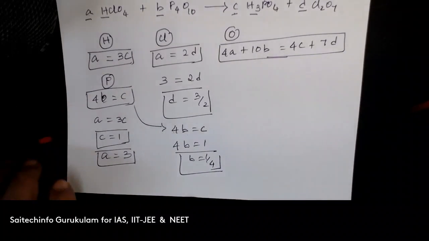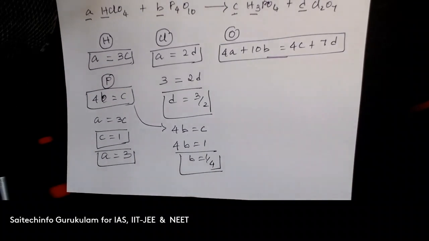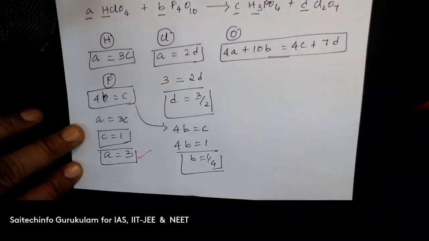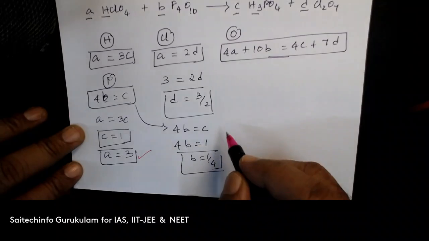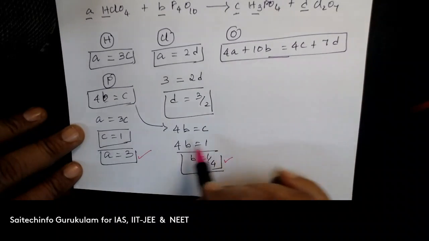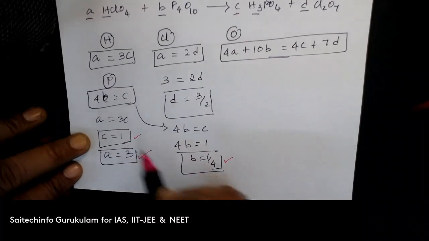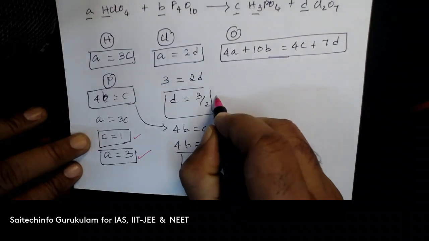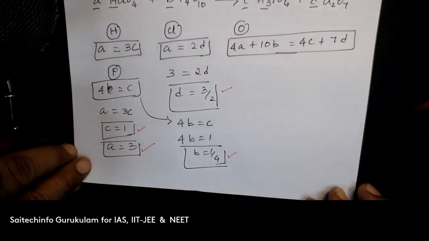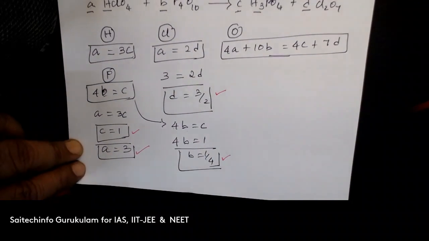Now we have the value of A, 3. The value of B, 1 by 4. The value of C, 1. The value of D, 3 by 2. So based on that we can proceed.